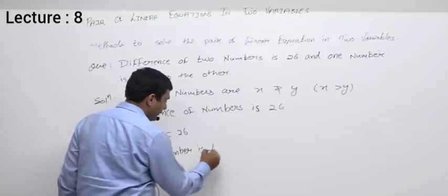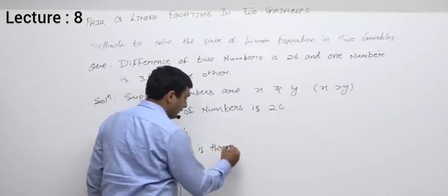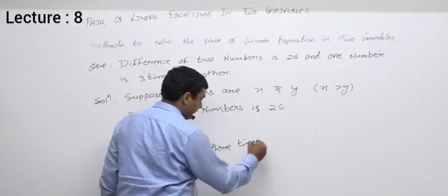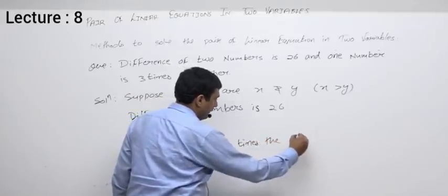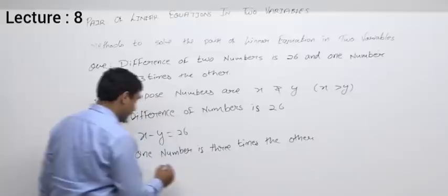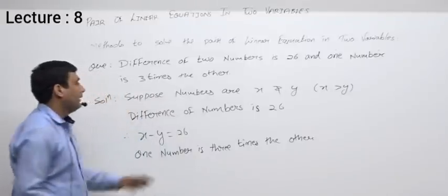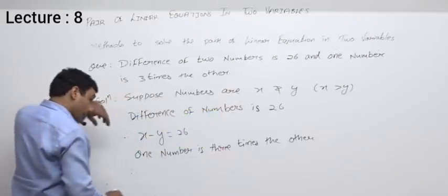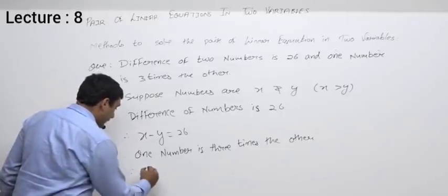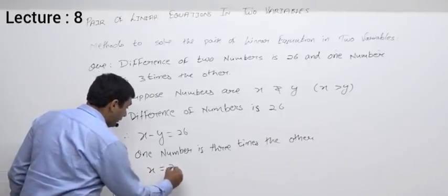Now the next statement says one number is 3 times the other. Here x is greater than y, which we assumed already. That means x is equal to 3y.